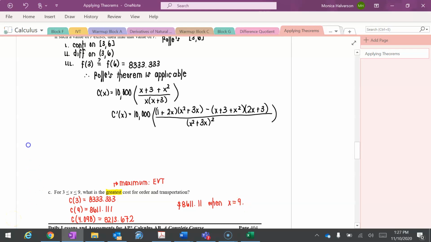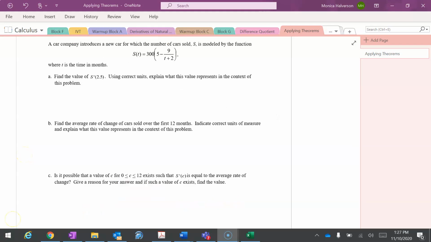I'm going to have you do the entire next problem on your own. For part A, you're being asked to find the value of the first derivative at 2.5. For part B, you're asked to find the average rate of change of the cars sold over the first 12 months.